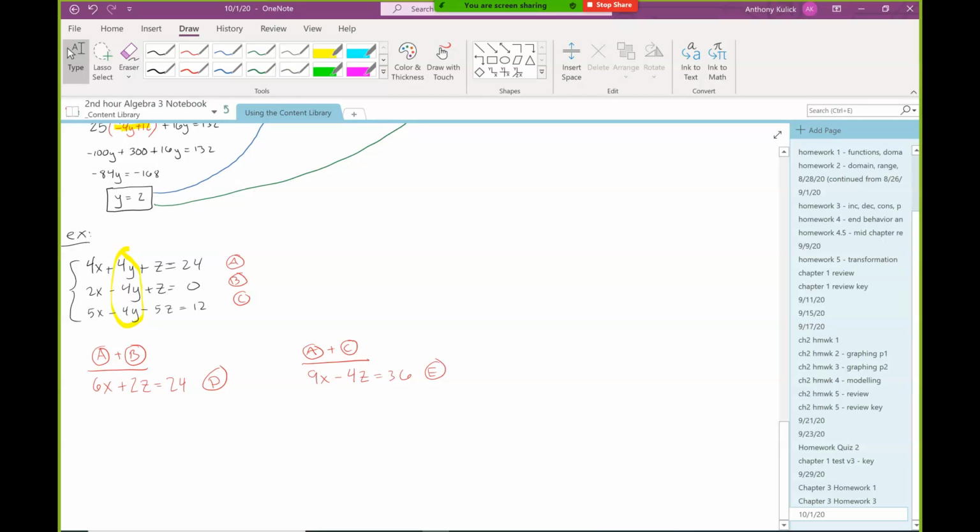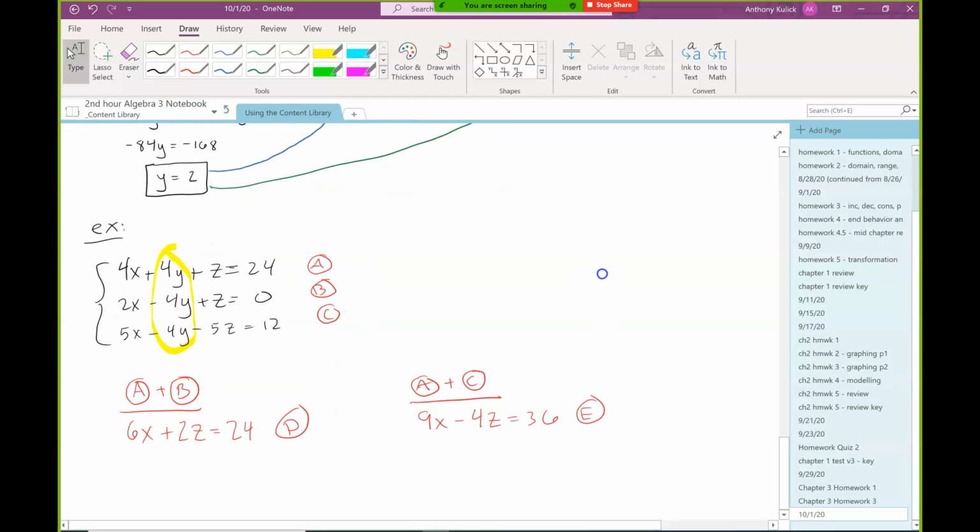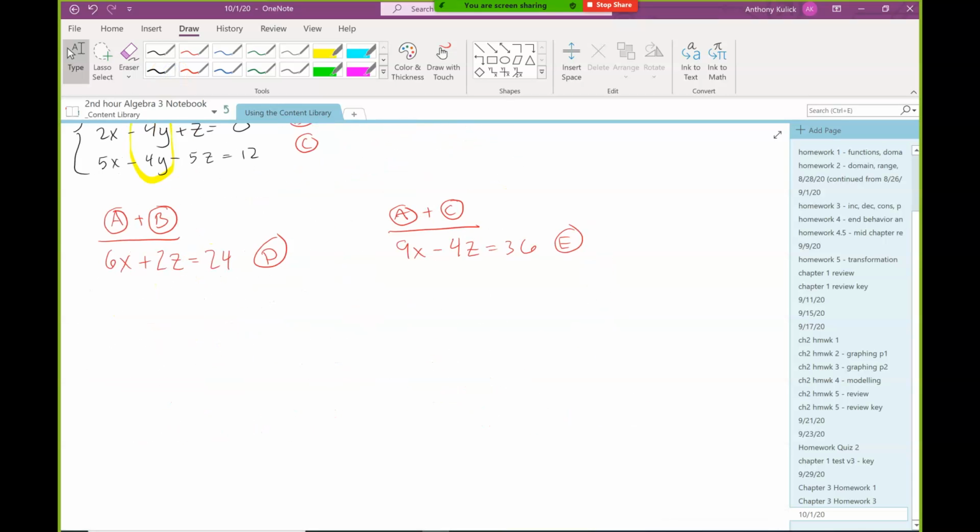Quite a bit quicker, right? Again, I don't care which method you do, but I personally like elimination because of this step right here: when we do the eliminations, everything gets shorter, as opposed to substitution, which gets longer before it gets shorter.